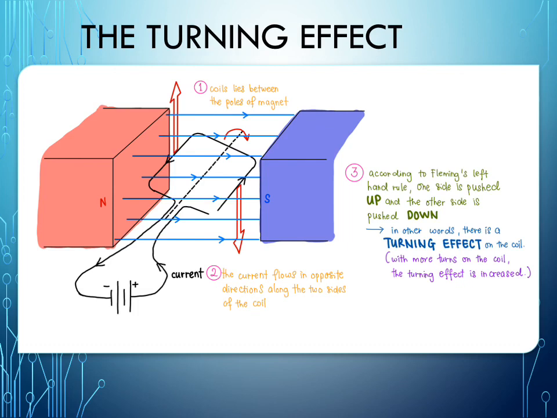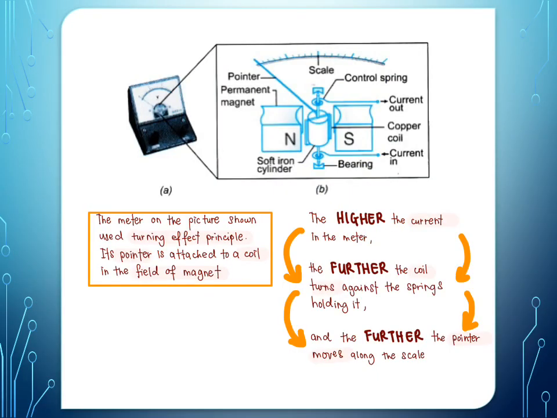So with more turns on the coil, the turning effect is increased. So lagi banyak coil, so turning effect increase tu maksudnya dia akan lebih laju berpusing. Alright, salah satu kegunaan turning effect magnetic force on a current adalah bila kita gunakan ammeter.